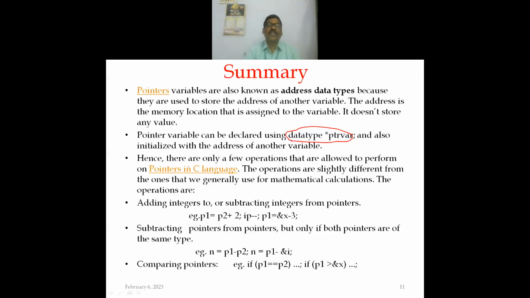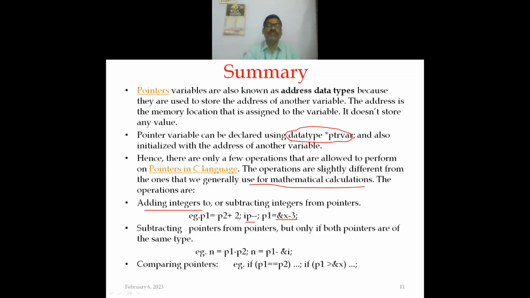And there are only a few operations that are allowed on pointers, and those operations are slightly different from the normal mathematical operations. The valid operations we can perform on pointers are adding an integer to or subtracting an integer from a pointer. For example, if p1 is a pointer, you can write p1 equal to p2 plus 2, or p1 equal to ampersand x minus 3.